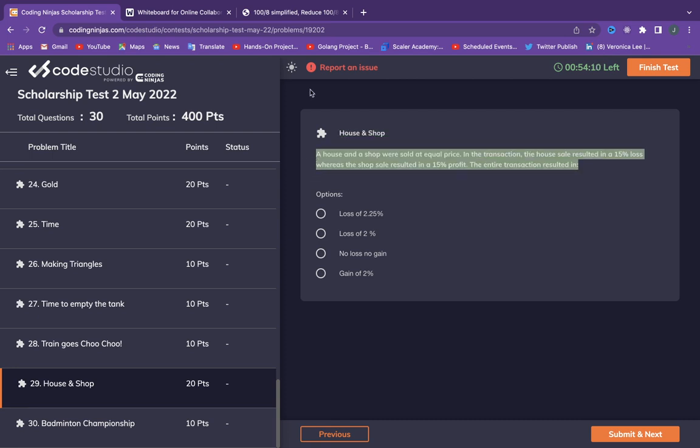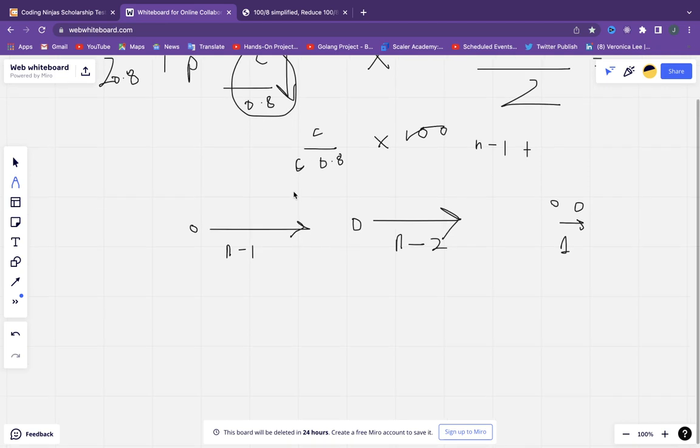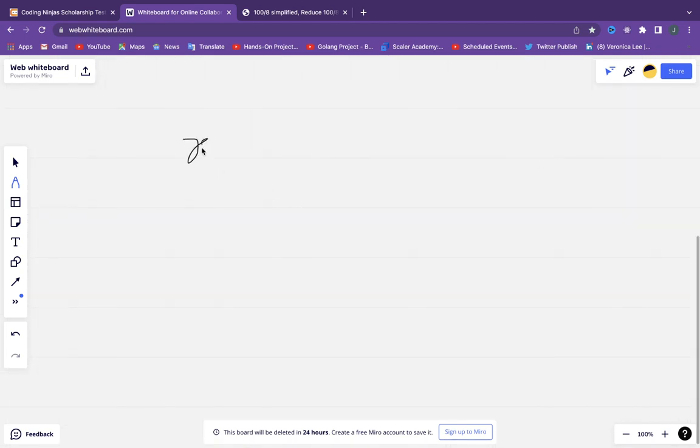I don't get it. So they were both sold at X, right? But this X was a 15% loss. So basically, and this was a 15% profit. So net would be equal to what? I don't know.